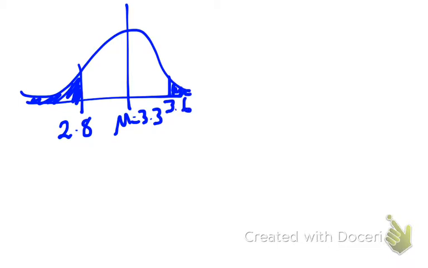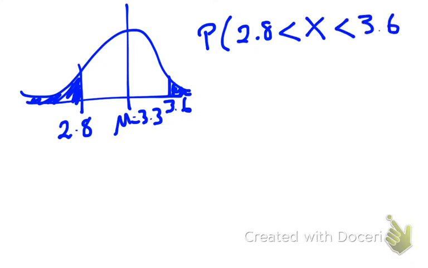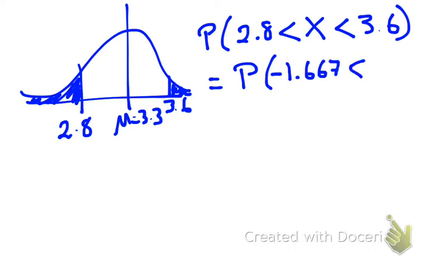So if I was going to write this out, I'd say probability of our x distribution being below 2.8 or above 3.6, and that is equal to the probability for our z values that we found of below negative 1.667 or above a value of 1, and then that's equal to those two tails that we found.